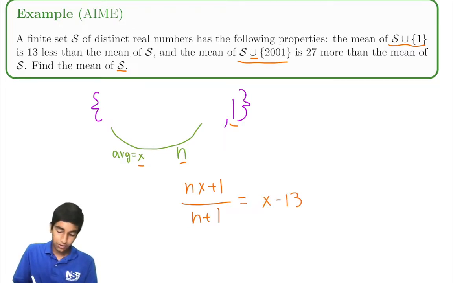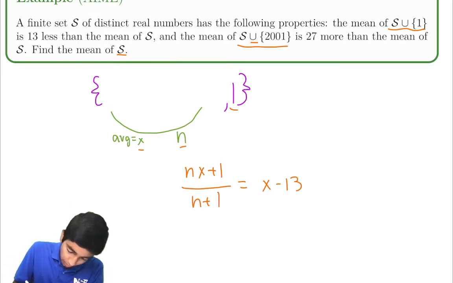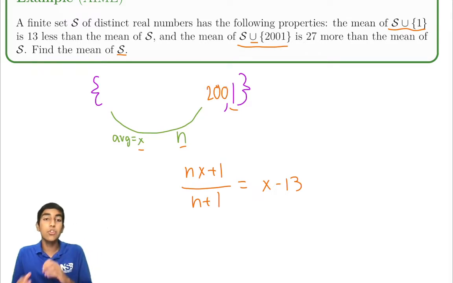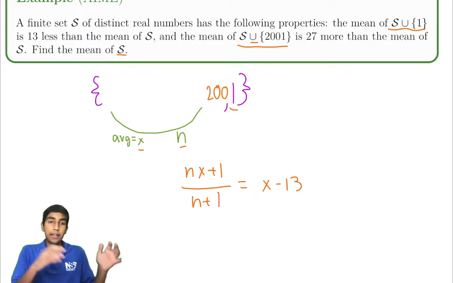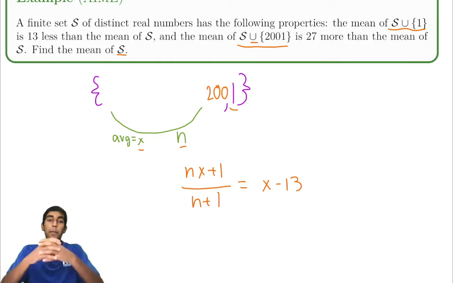Now, we also have the second condition. The mean of S union 2001 is 27 more than the mean of S. What does that mean? Well, now instead of 1, we're adding 2001. And like earlier, if the original subset already contained 2001, then the union would not change the set, because a set union one of its elements is just the same set, because union is just all the elements combined.